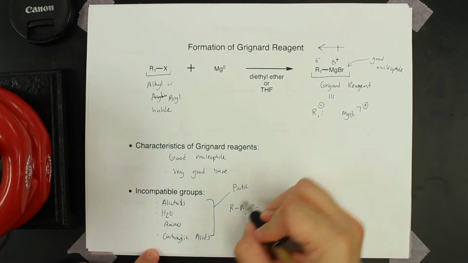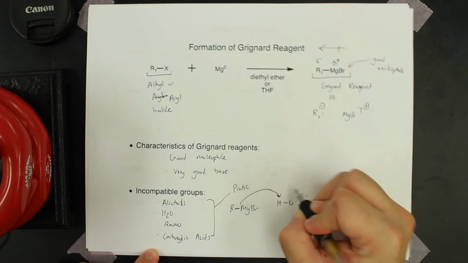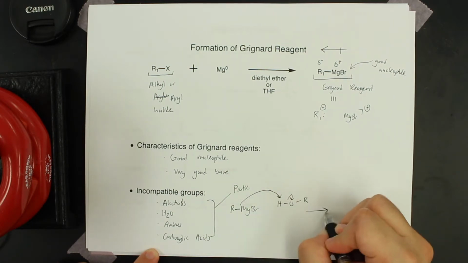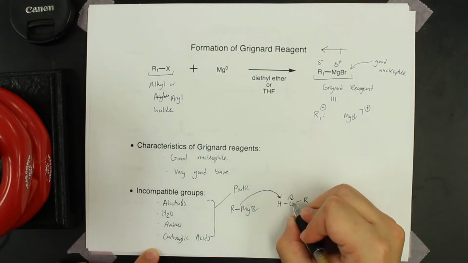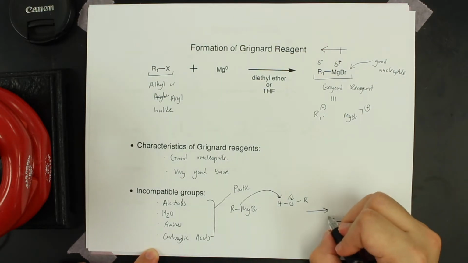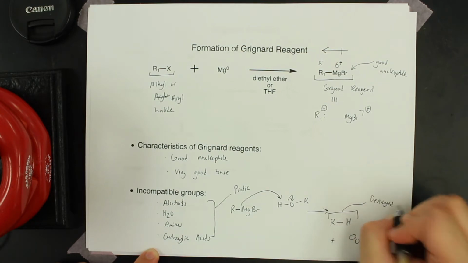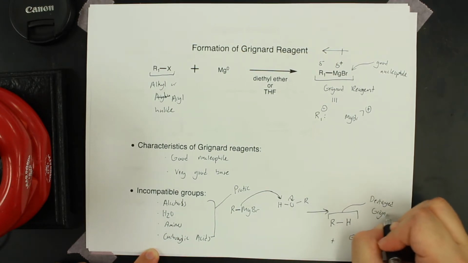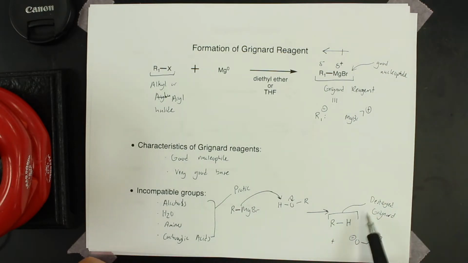The base is strong enough to attack the hydrogen and deprotonate it. In doing so, you form an R-H bond and the conjugate base of whatever this group is, in this case an alkoxide, negative charge. So you've basically destroyed your Grignard reagent. It will no longer react with electrophiles because its negative charge has been canceled.